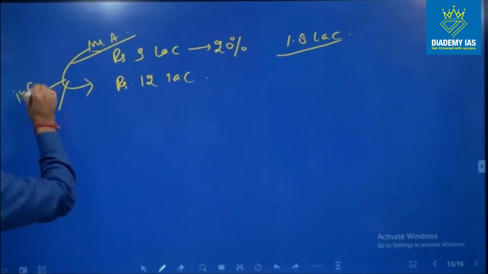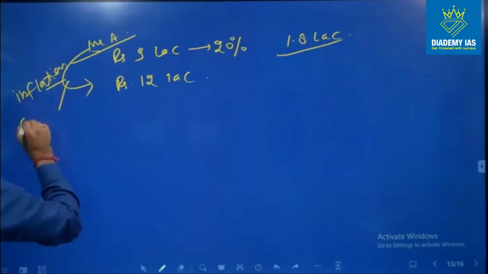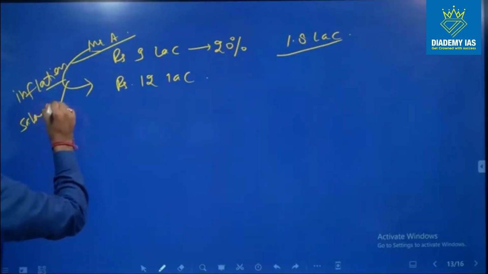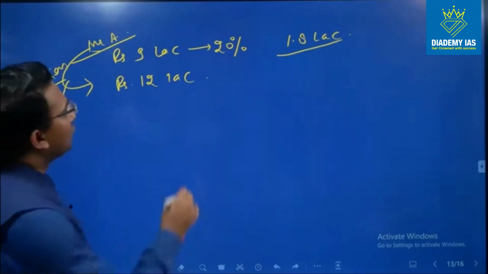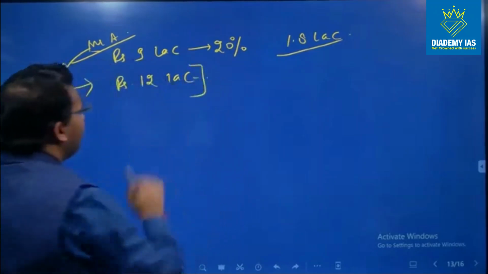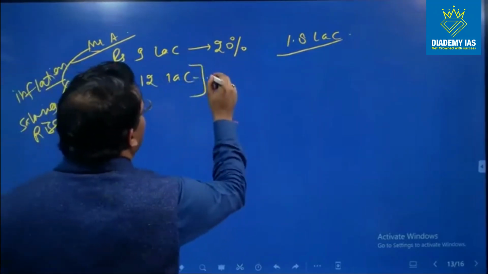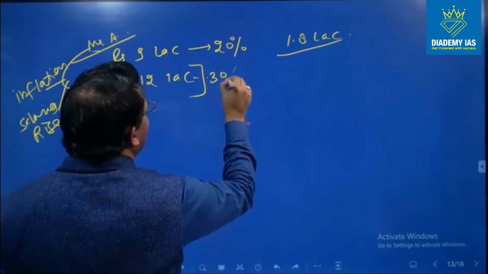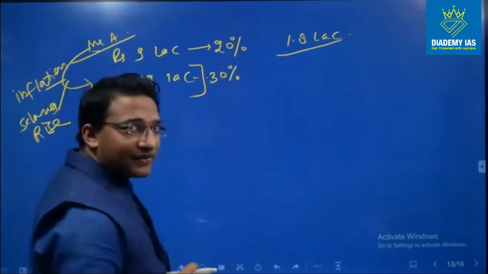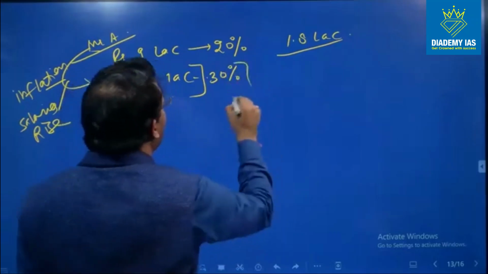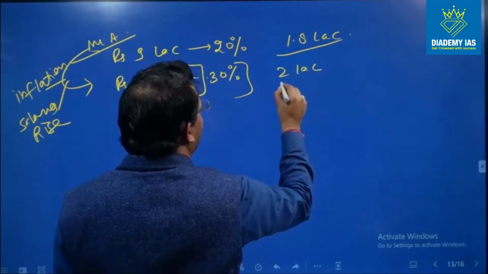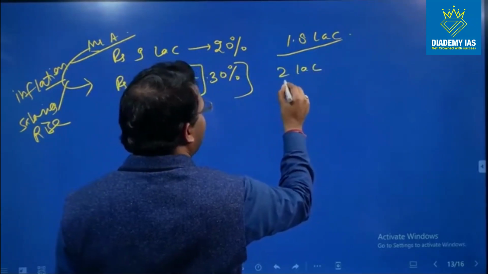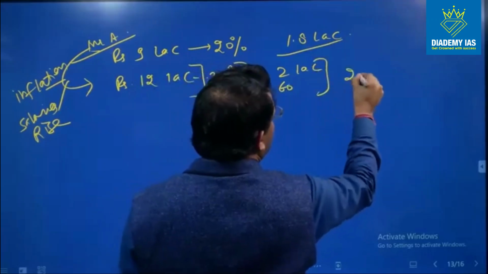One is inflation. There is high inflation in the economy, and there is some salary rise also. Salary rise or salary hike by the employer. So when income increases to 12 lakh, he has to pay income tax at the rate of 30% for the extra amount. So he has to pay 2 lakh for the initial 10 lakh and 30% for the 2 lakh, that is 60,000. So he has to pay 2.6 lakh.